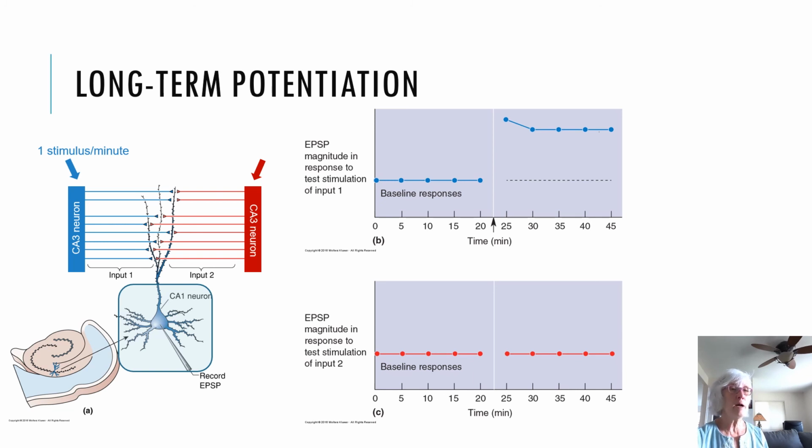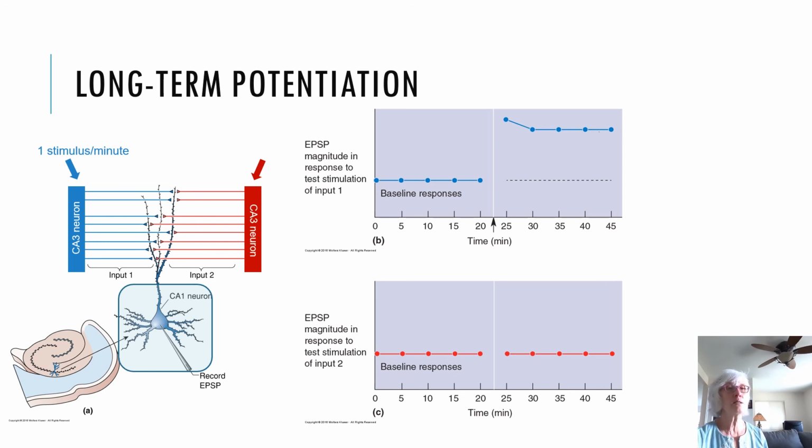In the top graph, we're looking at the stimulus of the blue, we'll say, CA3 neuron, and in the bottom graph, we're looking at the stimulation of the red CA3 neuron. And in this case, that is simply used as a reference. So the red labeled input 2 CA3 neuron is a reference point for us.